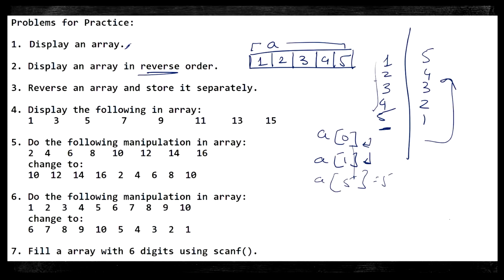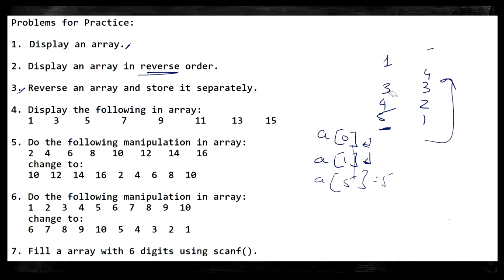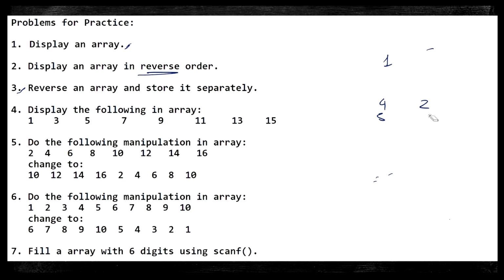Now see here, what is the third question? Reverse the array and store it separately. What does this mean? Let's understand the question. Now in the previous question, what we did was, if this was my array of 10, 20, 30, I printed this in reverse order, right?